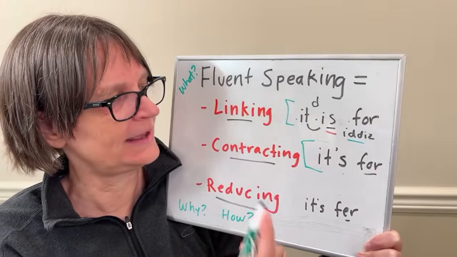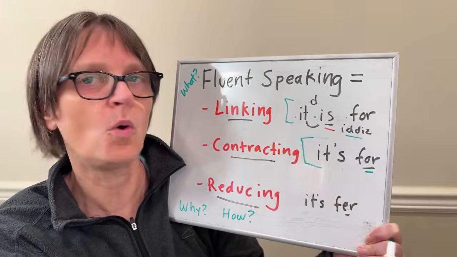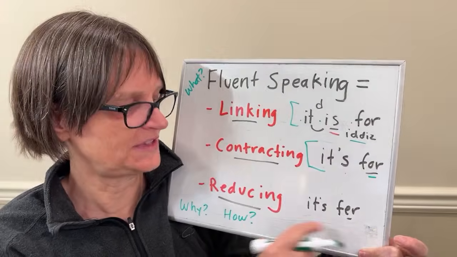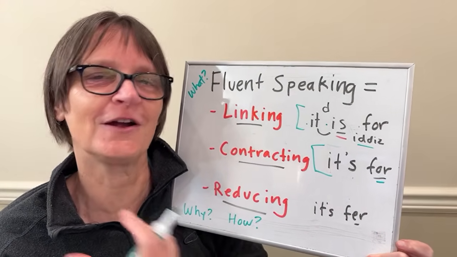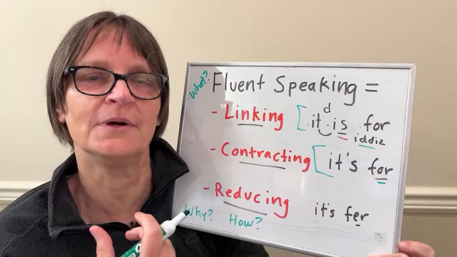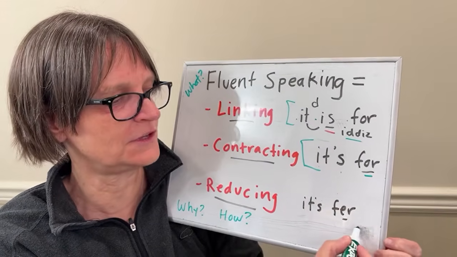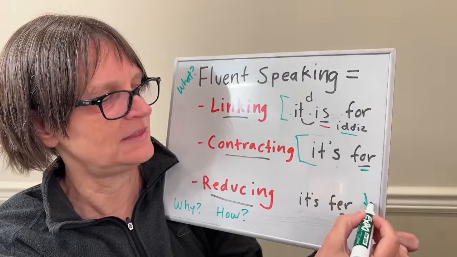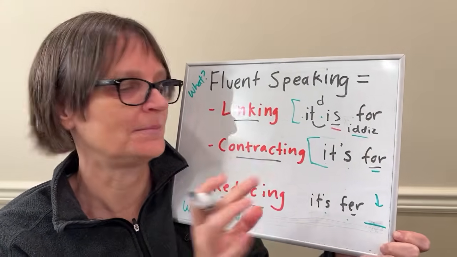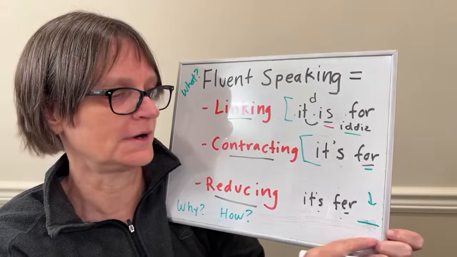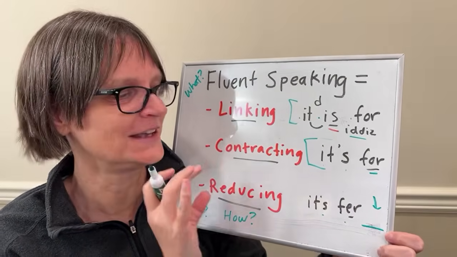And then in addition to that, rather than it's for with the full or, if I'm saying this in a phrase, it's for you, it's for him, you might hear that I'm not saying it's for you, it's for him. Rather, I'm saying it's for him, it's for you. That's because these words are less important, and my stressed word, who it's for or what it's for, is going to get the long clear vowel and the stressed long syllable.